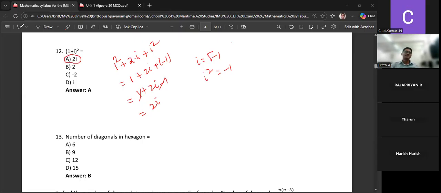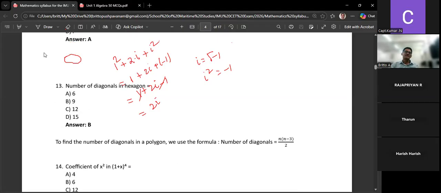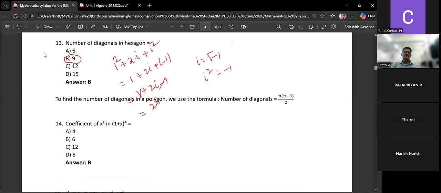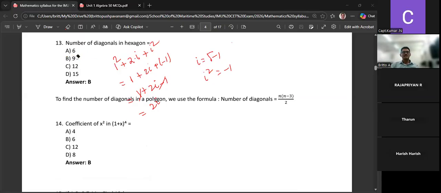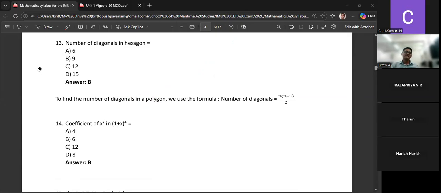Okay, right. Next, what is the next question? Question number 13. So question number 13 is: the number of diagonals in a hexagon equals what?